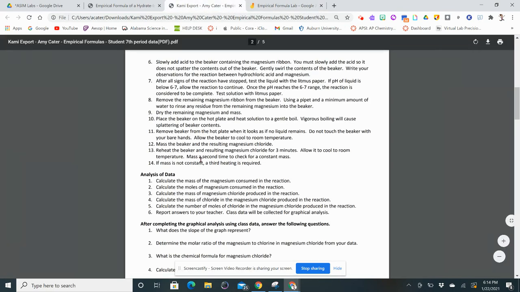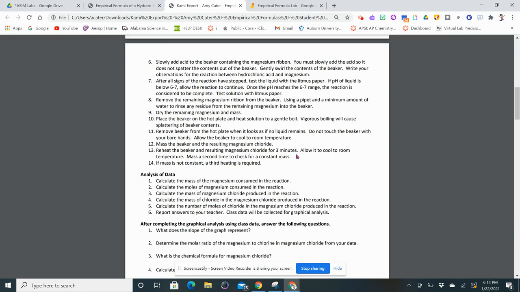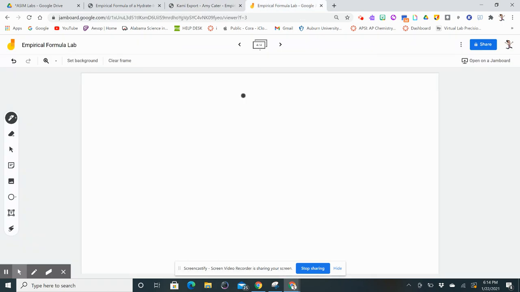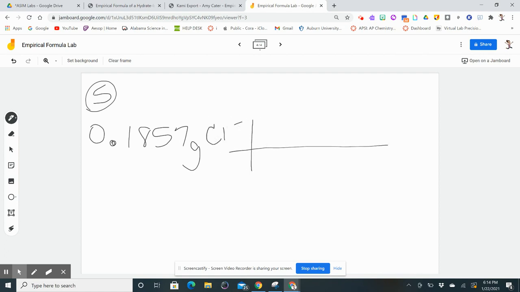Okay? So calculation number 5 is to record the number of moles of chloride that are in the magnesium chloride produced. So you're going to take your grams of chloride that you just found in number 4. We're going to take our 0.1857 grams of chloride, and we are going to turn it into moles.